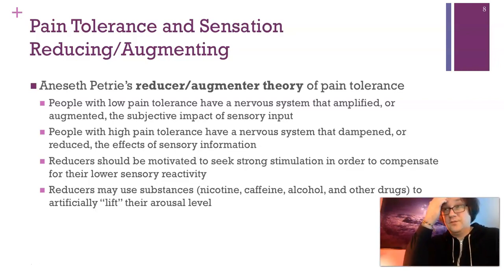So those who focus on the whole would be the field dependent people, and those who focus on the details or the particulars, those would be the field independent people. Whether we're doing one or the other, this is what's referred to as our perception style.